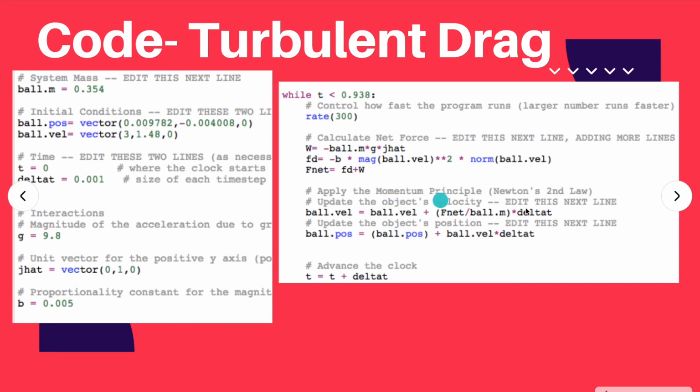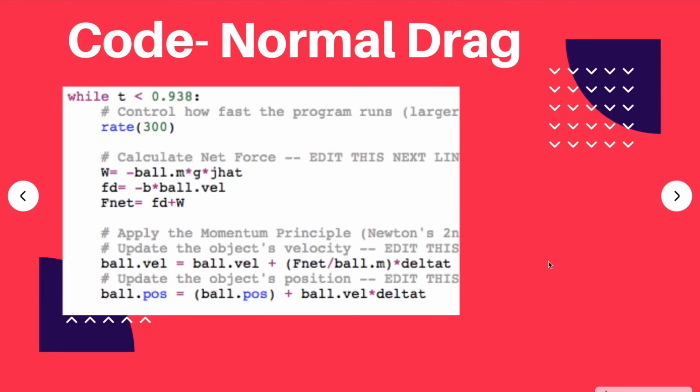Then we use Newton's second law to update the velocity of the object and the position of the object for each time step. Now for the code for our normal drag model, we had the same initial conditions, same everything. The only thing that changed was the force of drag, which is now negative b, the proportionality constant, times the velocity of the ball.